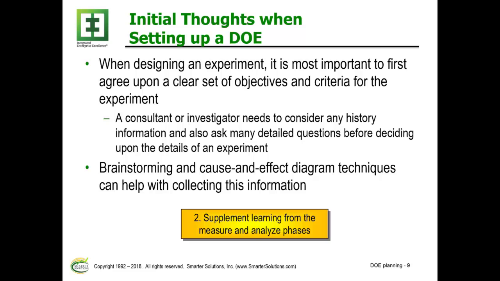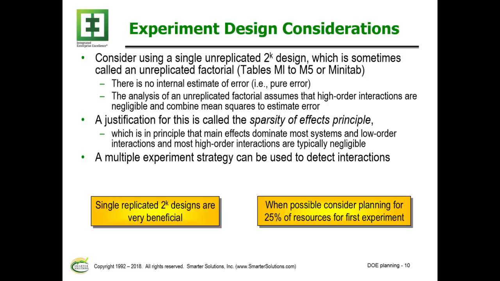So consider a single unreplicated 2K DOE, which is sometimes called an unreplicated factorial. That's what I'm going to be suggesting. There's going to be no internal estimate for error. In the analysis of these unreplicated trials, we're going to use the high-level order interactions to determine that estimate, and we're addressing significance.